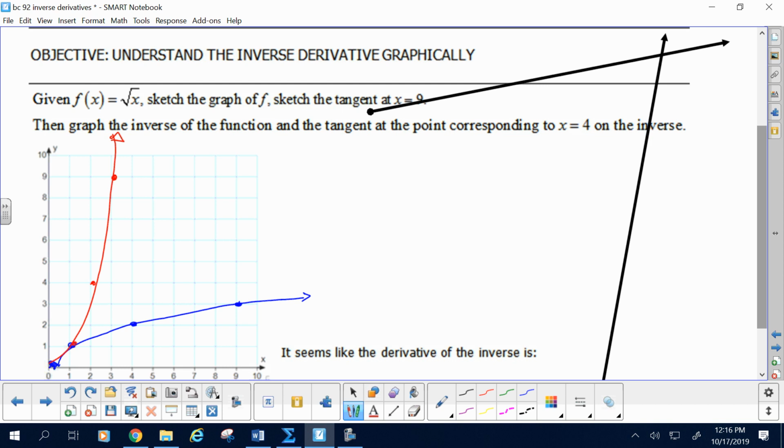Okay. Now I'd like you to draw the tangent to the point. I actually have to make sure I understand what I'm talking about. It says the tangent at the point corresponding to x equals 4 on the inverse. So what corresponds to x equals 4 on the regular would be this point on the inverse, yeah?